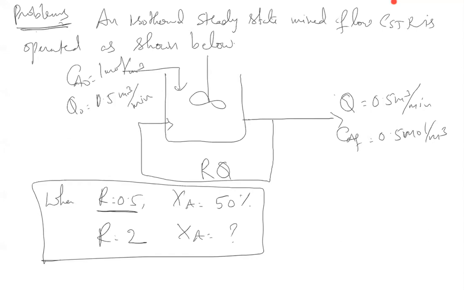The recycle is RQ. So when R is 0.5, conversion is 50%. When R is 2, what is the conversion? That is the question.